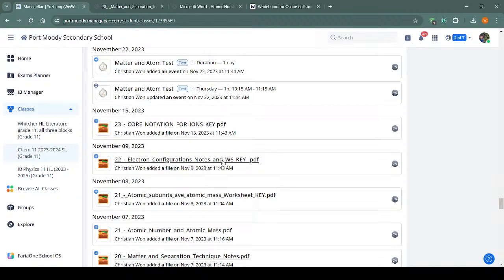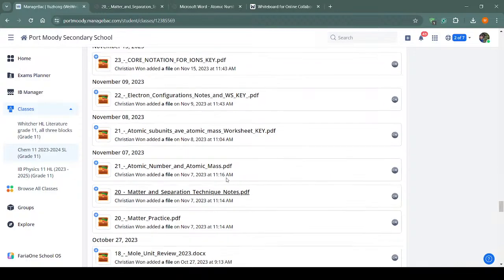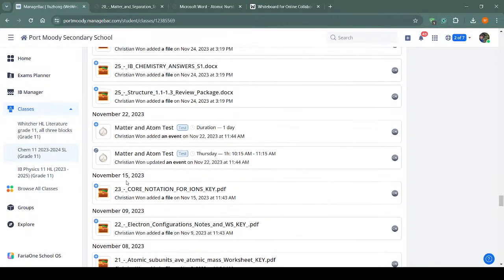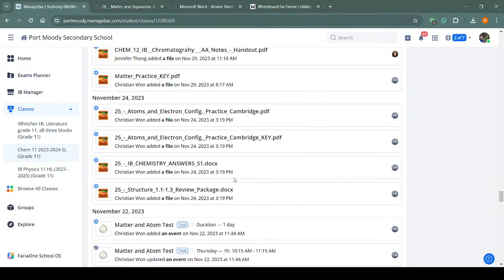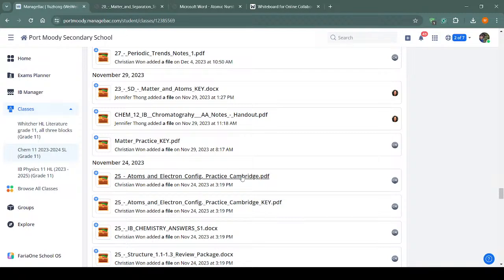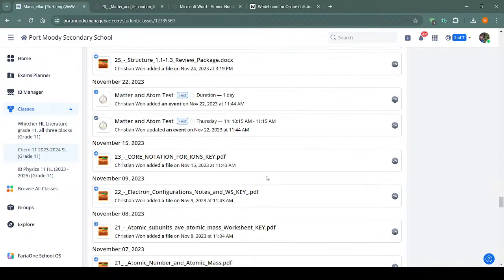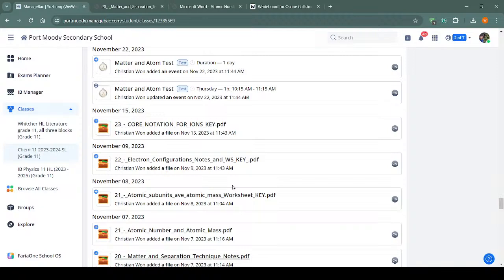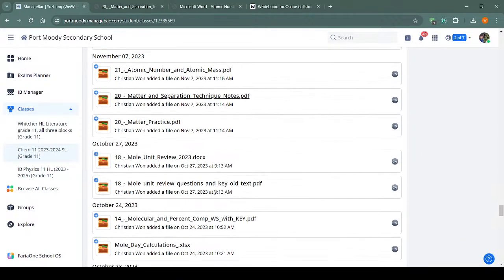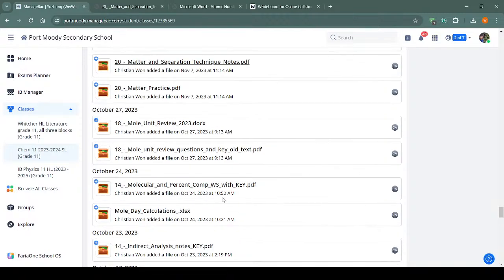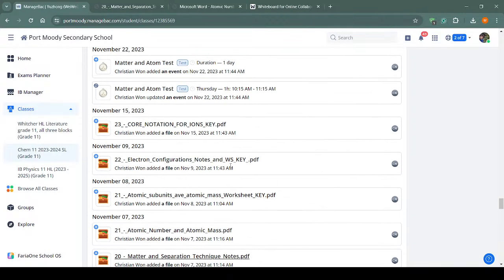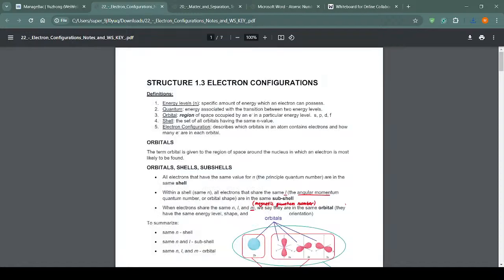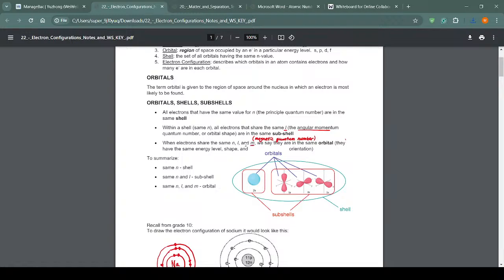Atomic units, electron configuration. Electron configuration. Oh, right. Electron. What? When do we get it? Electron configurations. Okay. Energy levels.